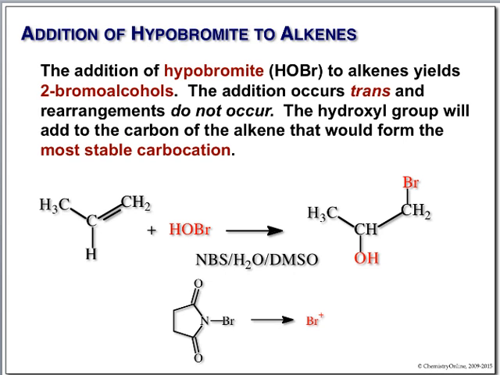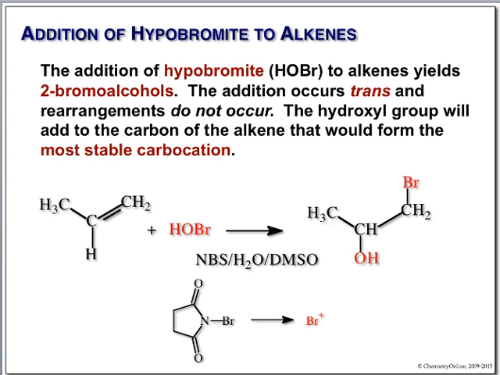Oh, I'm also supposed to say this. You can do this just with bromine in water. Like I said, chlorine in water, hypochlorite, bromine in water, hypobromite. In the lab, what you would really do is use this stuff. This is called N-bromosuccinimide. We'll actually use this in a lab.